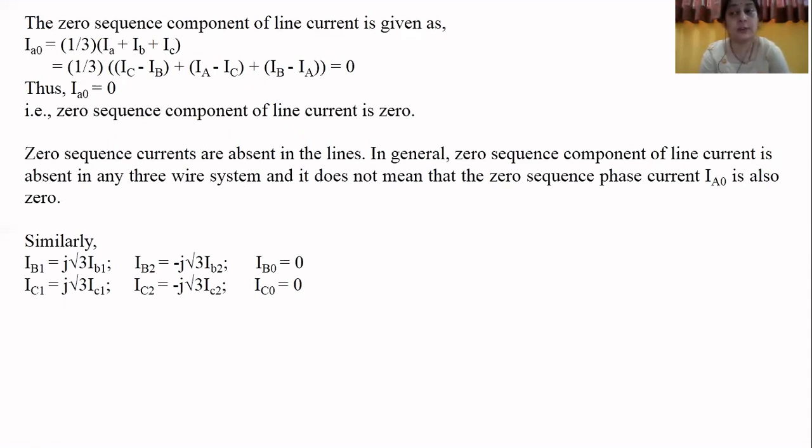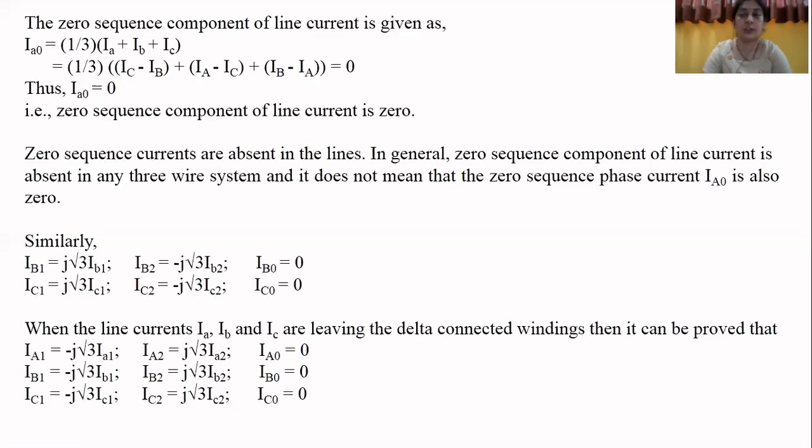Now, the next point to remember is that when we started the discussion with the delta connected system, we assumed that these line currents are entering the delta connected system. If in case the line currents are leaving the delta connected system, then the expressions for the phase currents of a delta connected system in terms of line currents of the same delta connected system will change, just opposite to whatever we had written now.